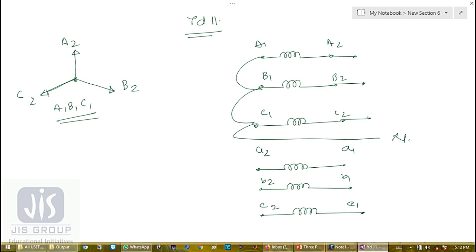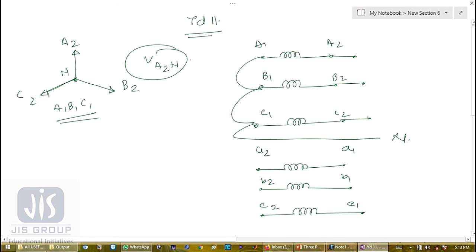Okay, now this is A to N, C to N, B to N. V A to N is the line to neutral voltage. Okay, so what will happen? The secondary phase will remain in the 30-degree leading position.